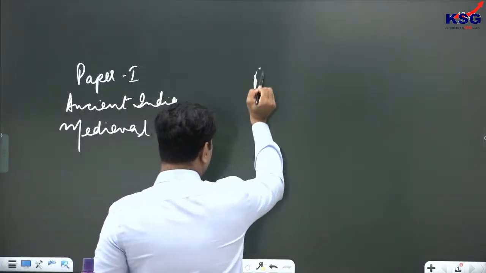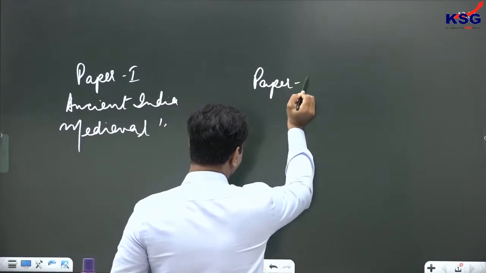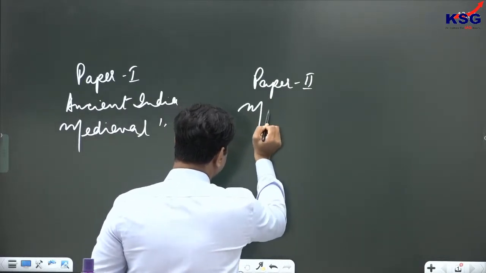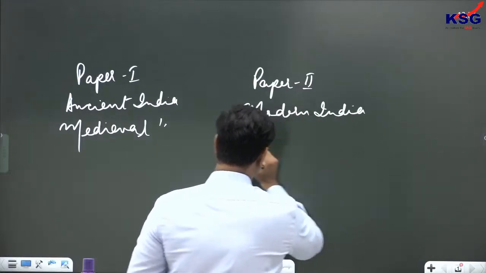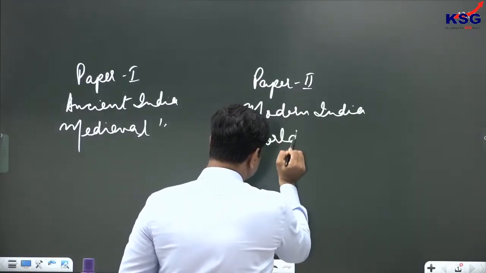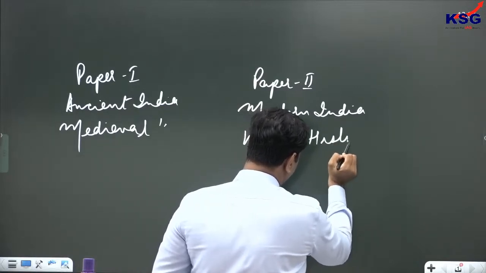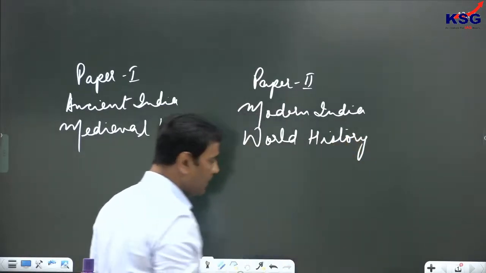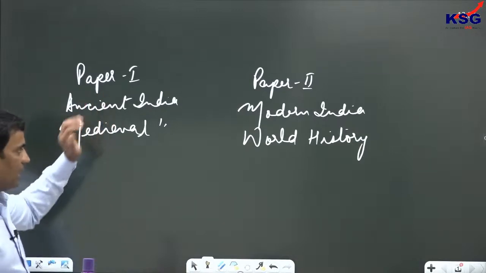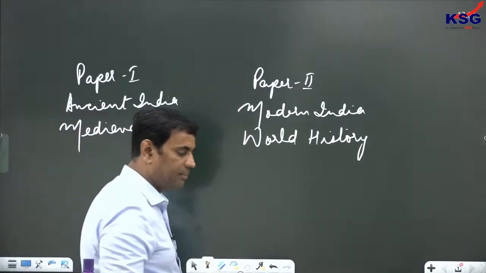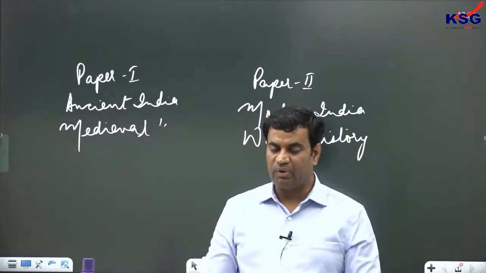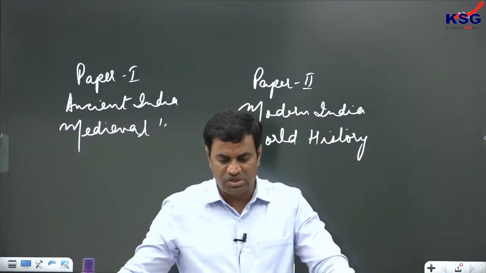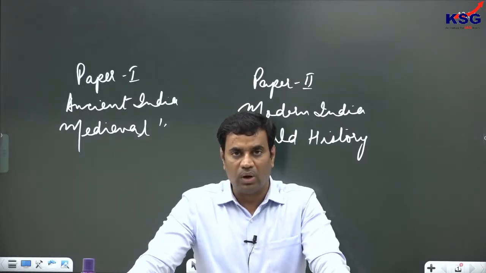In paper 2, we have modern India and world history. So this is the broad classification of the syllabus of history optional. Paper 1 carries 250 marks, paper 2 carries 250 marks. Paper 1 includes ancient and medieval, paper 2 includes modern India and world history.